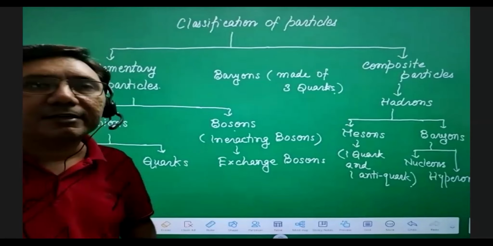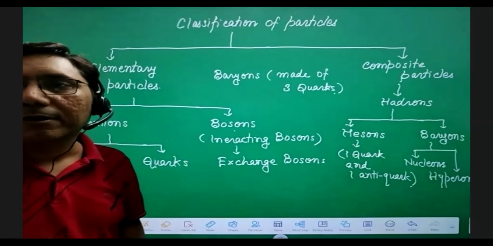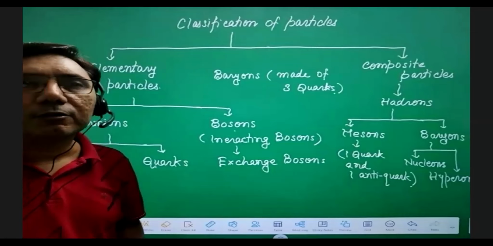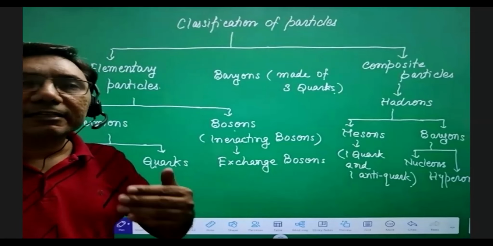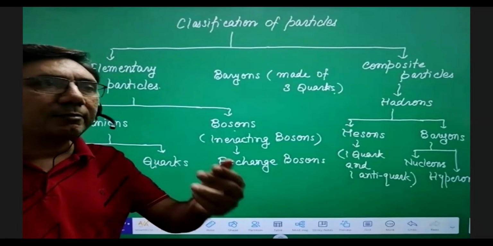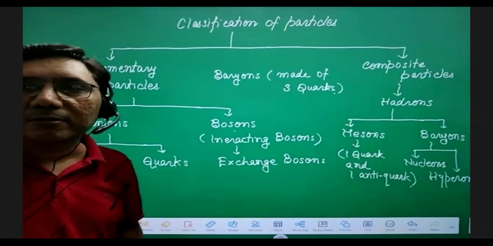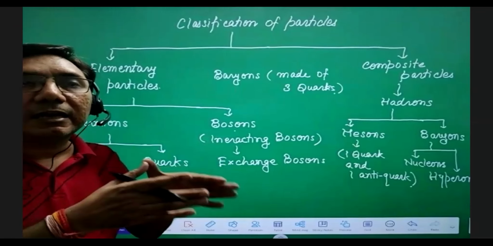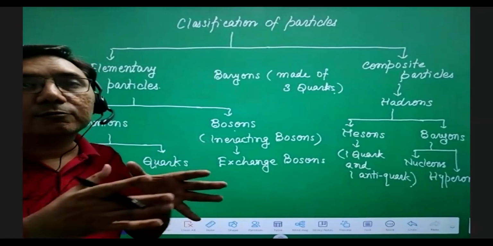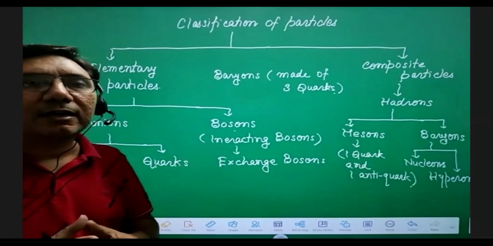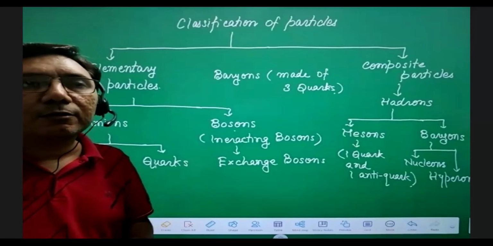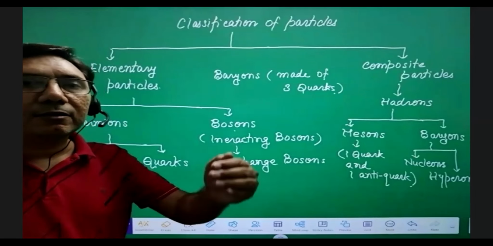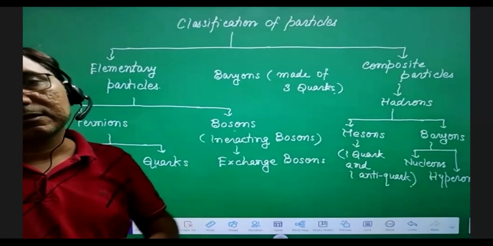But here particles are very tiny. I'm not saying gravitational interaction is absent, but compared to the three other interactions, it is negligible and you can neglect it. So we are going to focus mainly on weak, electromagnetic, and strong interaction.